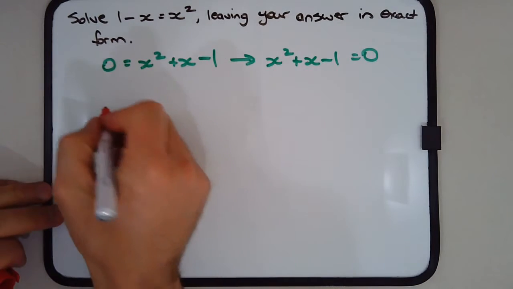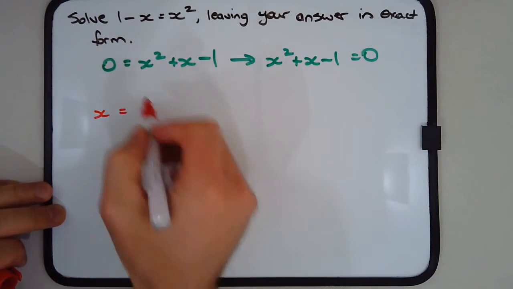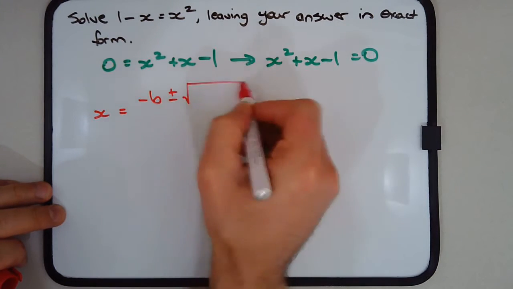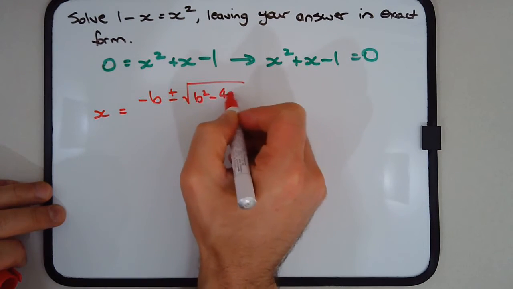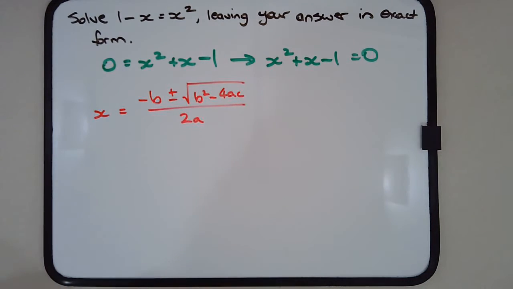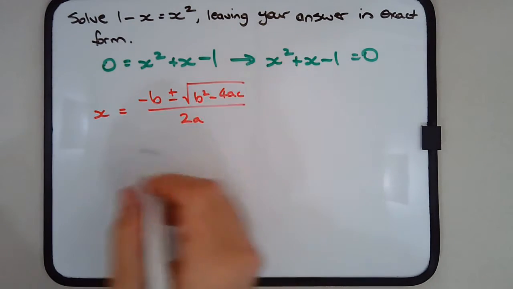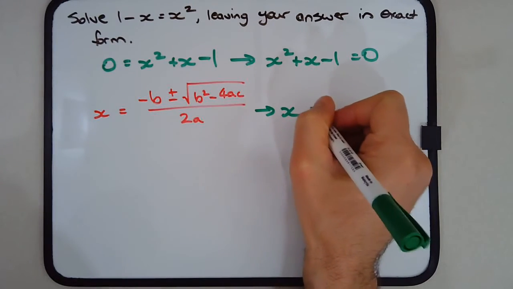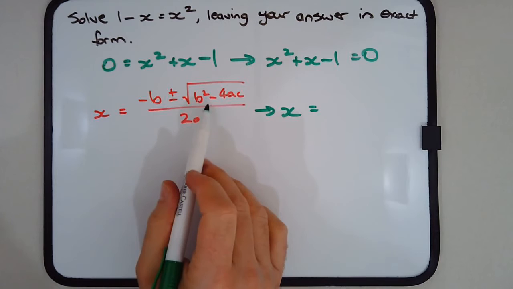So x is equal to negative b plus or minus the square root of b squared minus 4ac, over 2a. Let's now apply the quadratic formula and substitute in the correct values for a, b, and c.